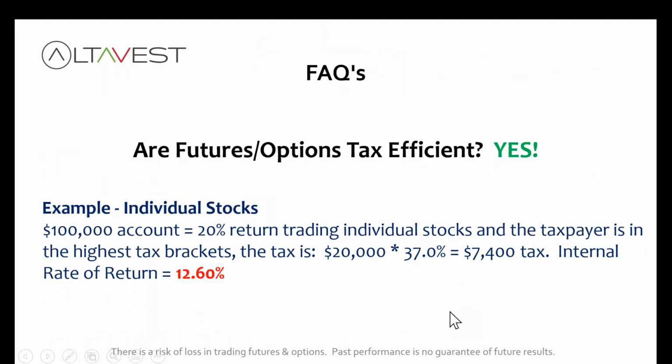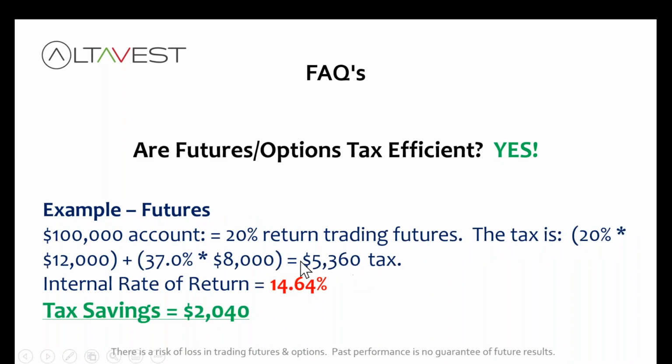So here's an example. If you're trading stocks, 100 grand, 20% return, you'll have a 12.6% return. You trade futures, you'll have 14.64% return, tax savings of over $2,000 just because you're in a tax efficient space. That's where we trade, with tax efficiency.